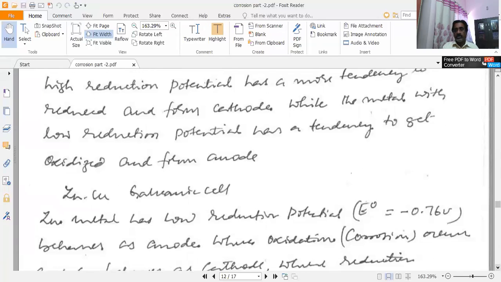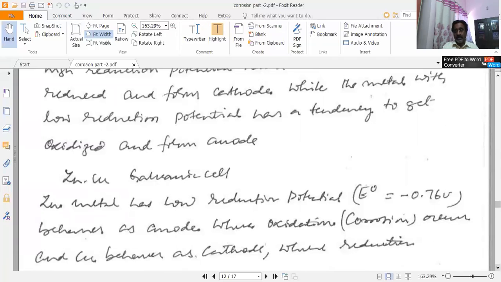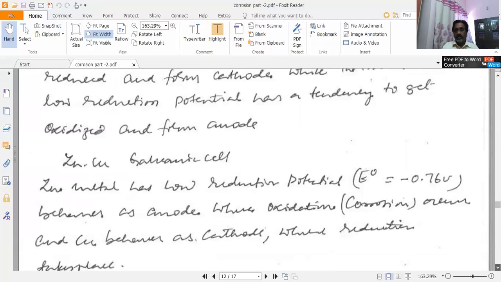For example, take a zinc copper galvanic cell. Here, zinc has low reduction potential so that it behaves as anode and oxidation occurs. And copper behaves as cathode where the reduction takes place.